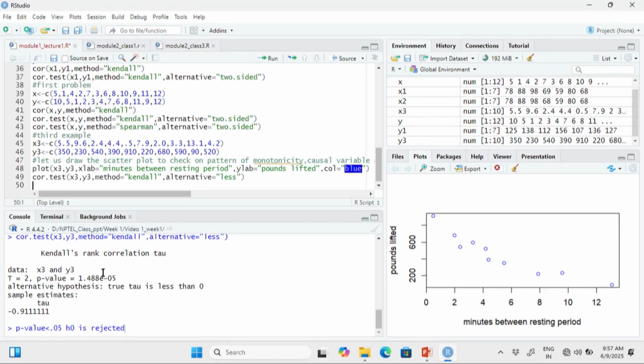Clear? So very, very small. The smaller the p value, the stronger the evidence against H0. So H0 is rejected. H0 is rejected, so what will be our conclusion? Let's get back to the PowerPoint presentation.